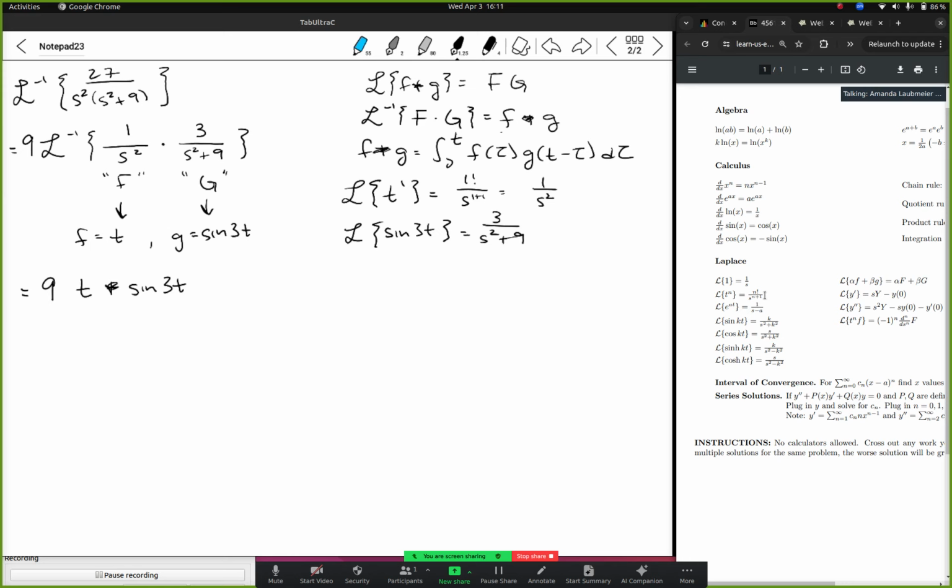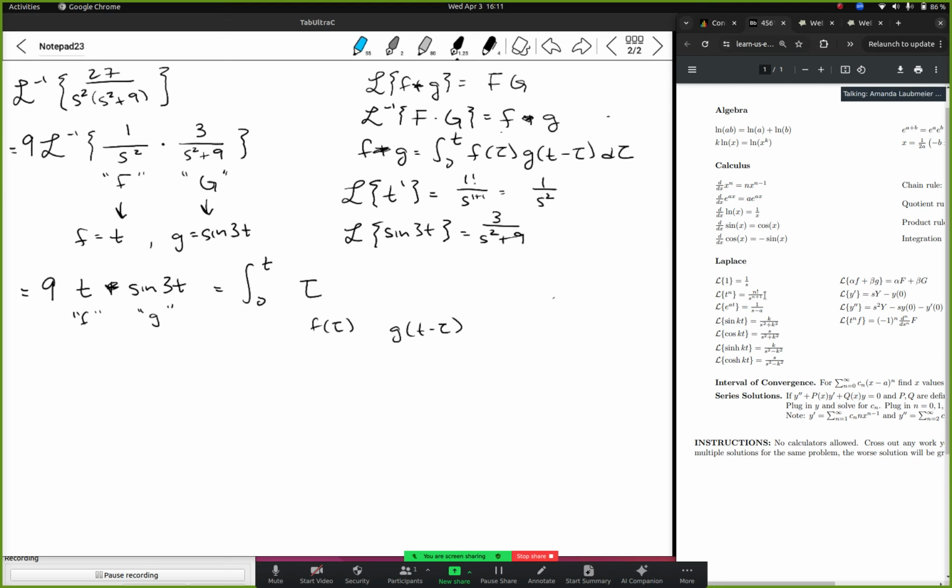And then from here we can go ahead and just apply the convolution formula. So that's going to be the integral from 0 to t of f of tau, g of t minus tau. f of tau I can just plug in as tau.